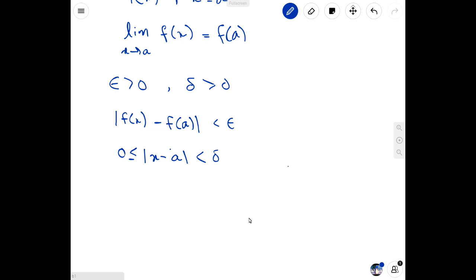So here in this second definition, we have used the distance function twice. First, we have used it here. The absolute value of x minus a is actually the distance between the point x on the set of real numbers, or on the real line.